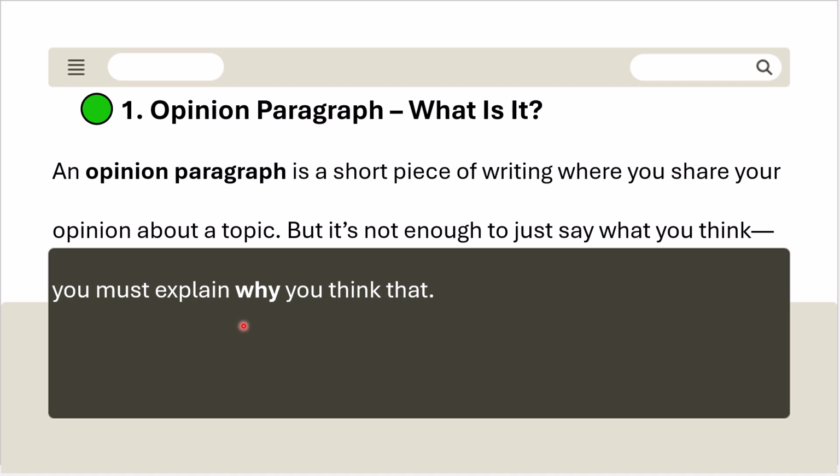You must also explain why you think that. Some students write, "I like this, yes, because in this way." That is incorrect. So what are we going to write in an opinion paragraph? Your opinion and why you think so, and you have to explain it in this part.